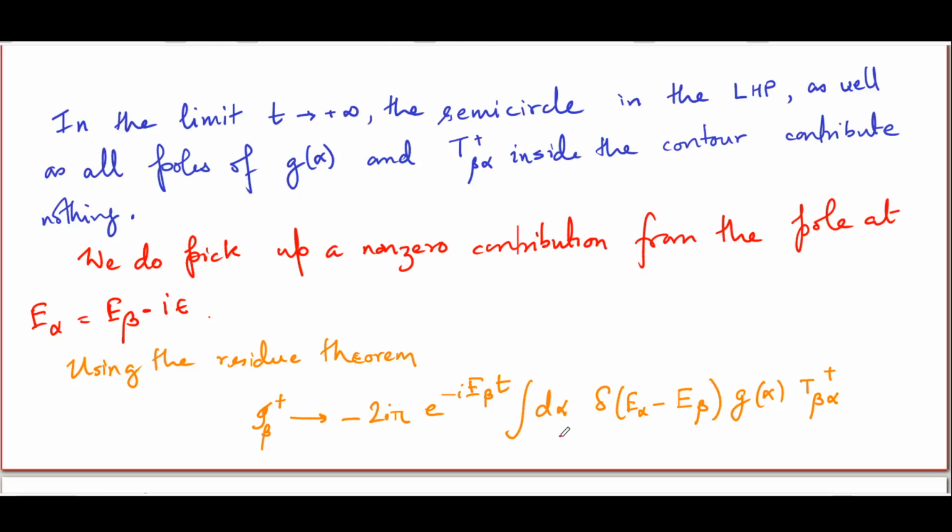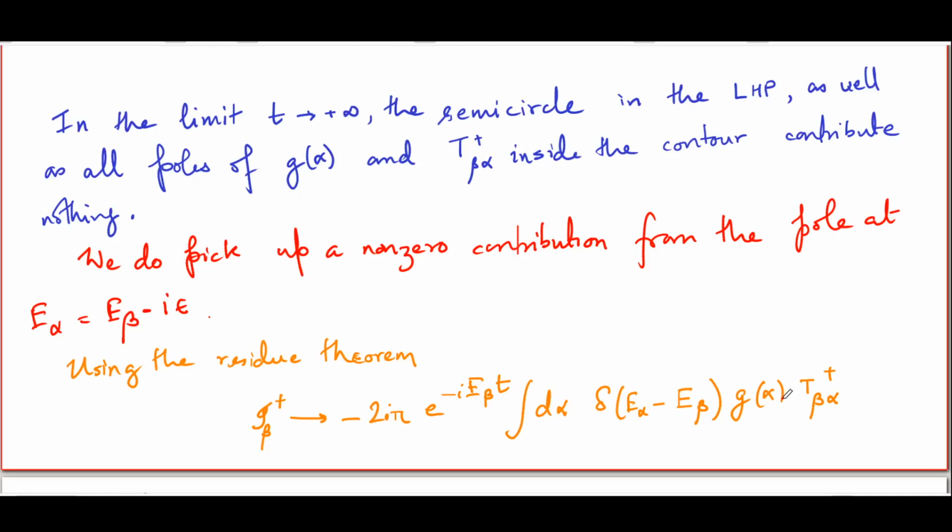Remember, we have not completed the integration over alpha. Alpha actually has many labels, all particle momenta, particle energies and so on. It's just the result of the E alpha integration that has essentially given us a delta E alpha minus E beta, which forces all the E alphas to become E beta. In particular, the e to the minus I E alpha t becomes e to the minus I E beta t and can be taken outside the integral.